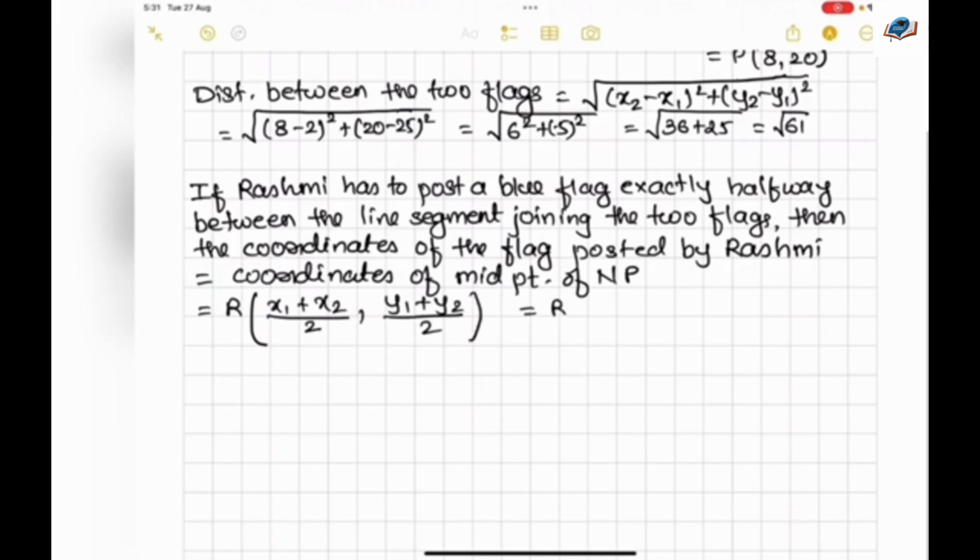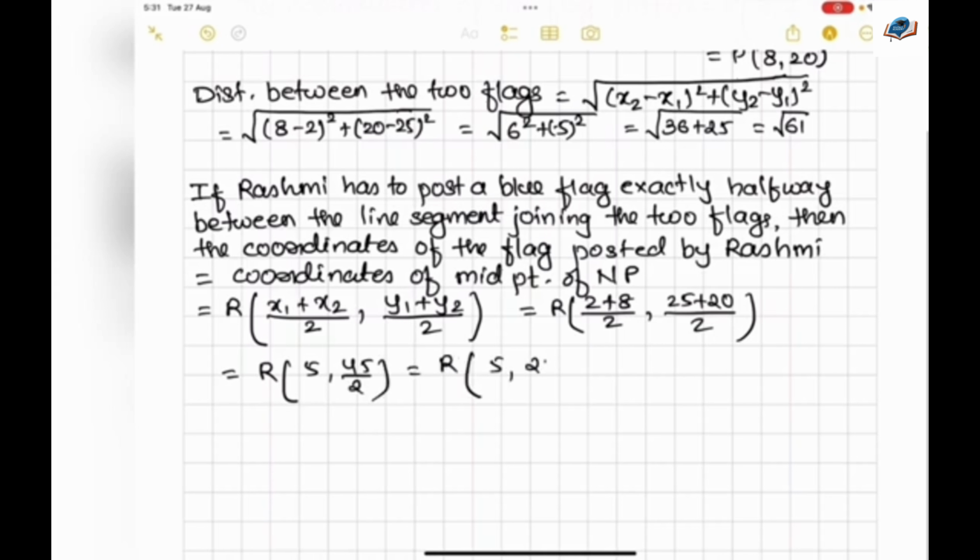So that will be R into (2 plus 8) by 2, comma (25 plus 20) by 2. So that will come as R (5, 45 by 2). R (5, 22.5).